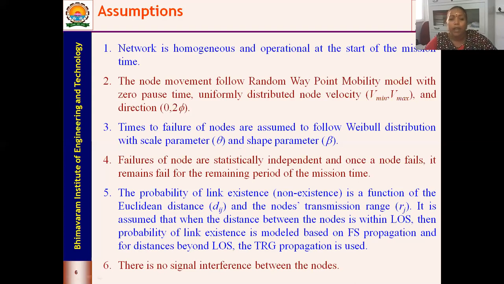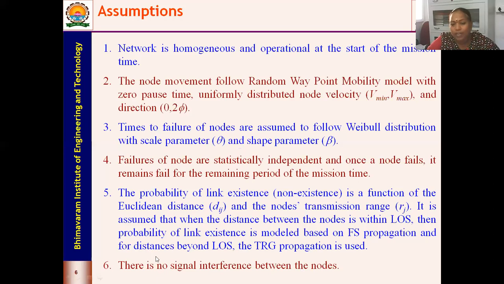The only difference is that in the previous model, we considered the link existence as a binary model. But here the link existence is going to be probabilistic and is a function of Euclidean distance and the nodes' transmission range. And the distance between the nodes is going to be within line of sight for the FS model, and non-line of sight for the TRG propagation models. And in this case, we have not considered any interference.